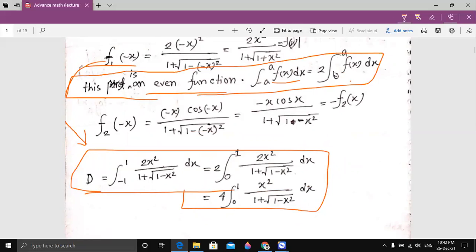So now you see we use this formula: the integration of minus 1 to 1 of 2x square by 1 plus root over 1 minus x square dx. From the formula we know that it will be 2 times the integration of 0 to a of f of x dx. So here it is 2 times the integration of 0 to 1, then f of x, and dx.